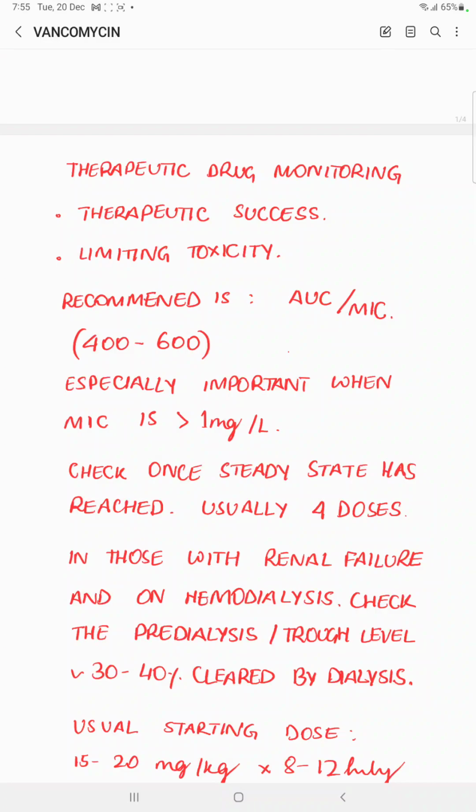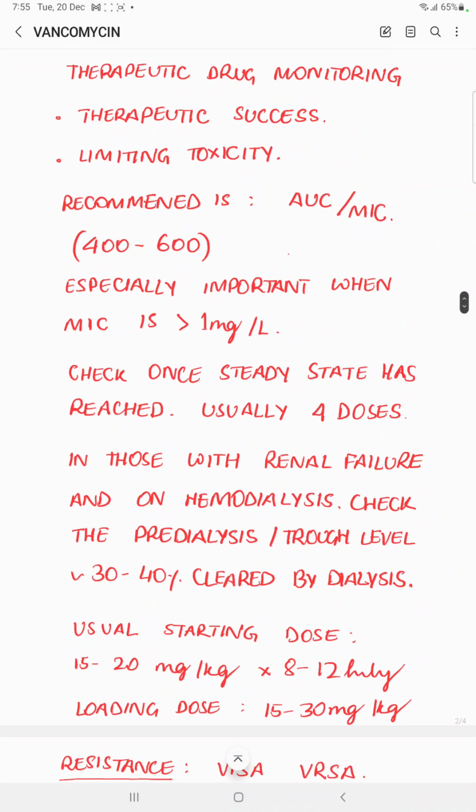Now, the trough levels which were used previously were advised to be used once the antibiotic has achieved a steady state. So the first 2 or 3 doses will be empirical, and then we will do the drug level monitoring. Usually after 4 doses have been given, a steady state is reached.